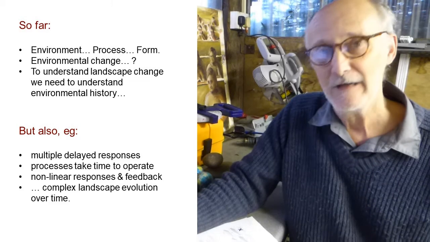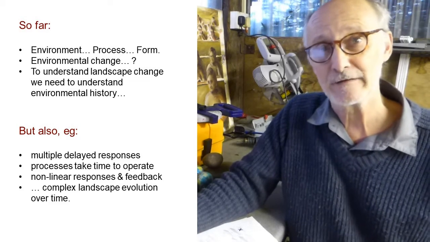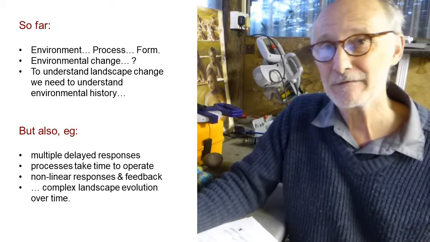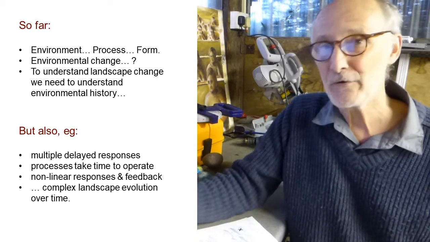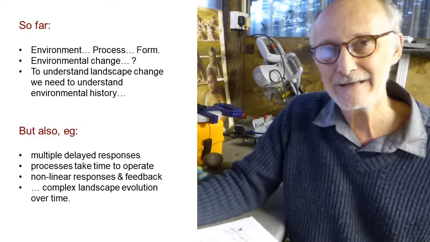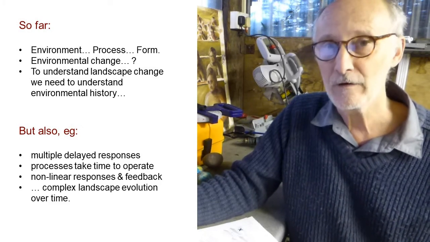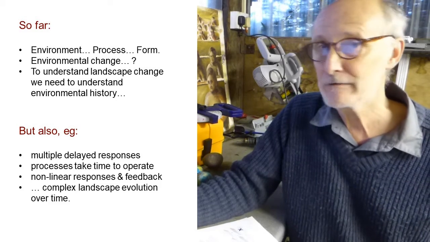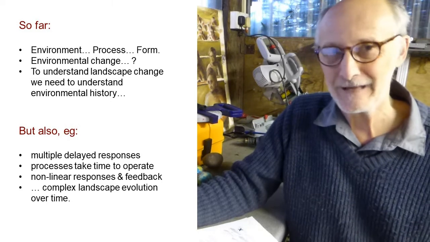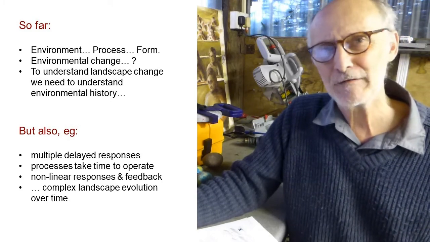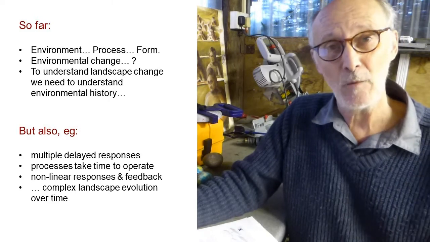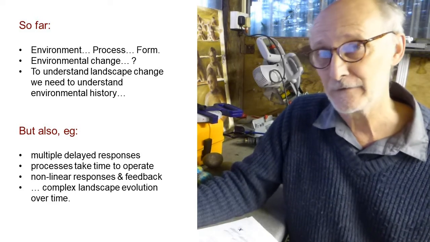That's giving us complexity in the response. Also, different processes take different amounts of time to operate, and the operation of any individual geomorphic process doesn't occur instantaneously, it occurs over the course of time. Different processes operate at different rates, so there are lots of different things going on, responding to changes in different ways and operating at different rates.